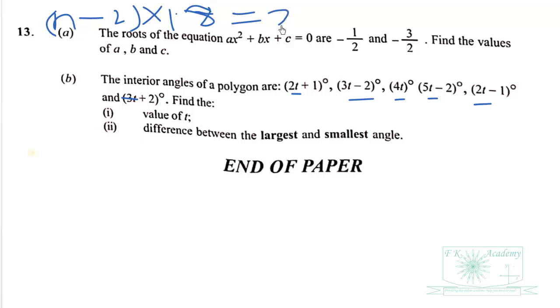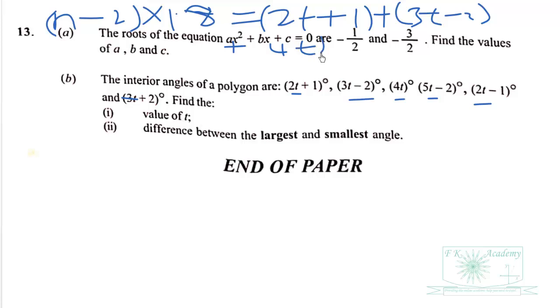which is 2t plus 1. Then you add it to 3t minus 2. Then you add it to 4t. Then you add it to 5t minus 2. Then you add it to 2t minus 1.